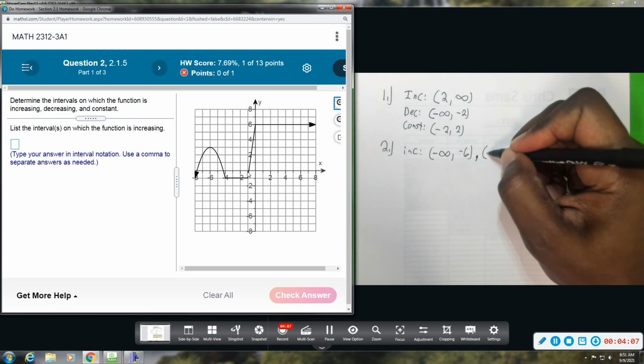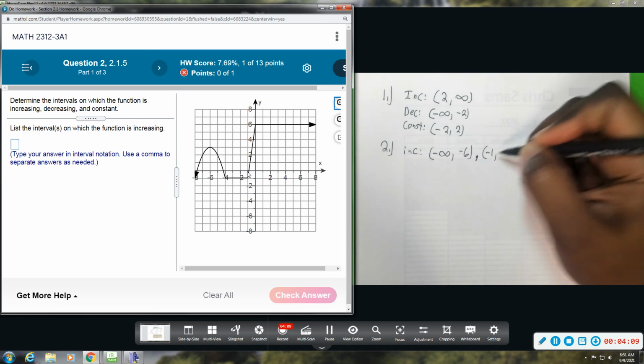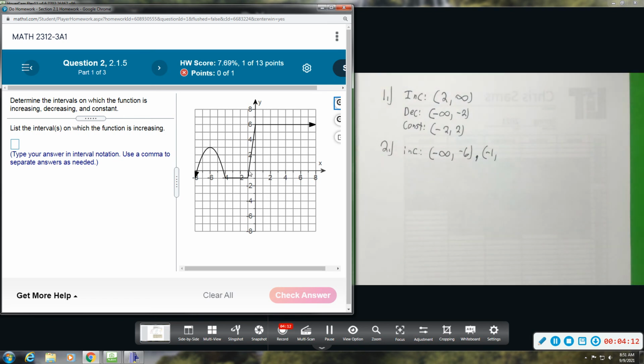So increasing from -1 until we get to an x value right here. That's when it stops. This x value is 0. Be careful not to start trying to list the y values because your eye will want to do that. This -1 is where I'm at on the x-axis, not this -1 on the y value. And then I go over to 0. A lot of people might want to write 6, so be careful. Increasing, decreasing, you're picking your numbers from the x-axis. Why did I do negative? Not because this arrow is going down, but because it's on the left side.